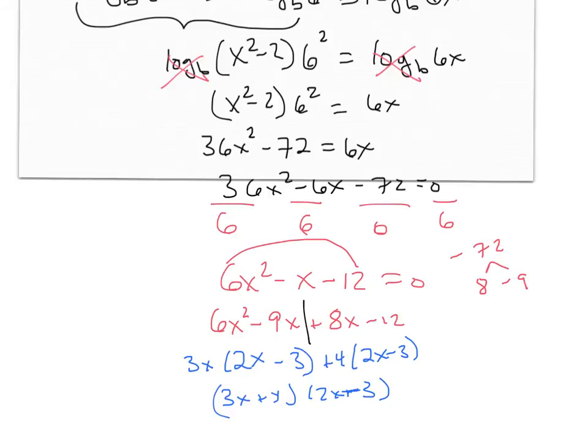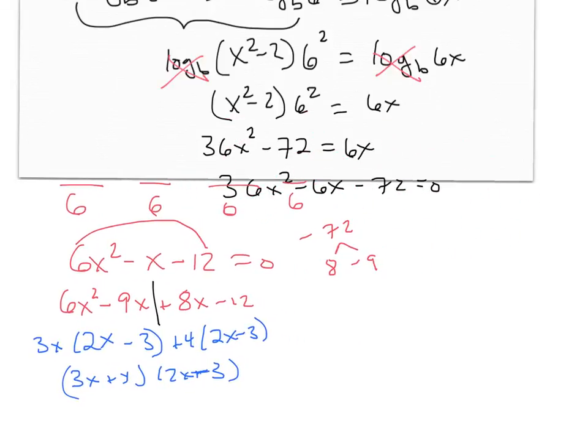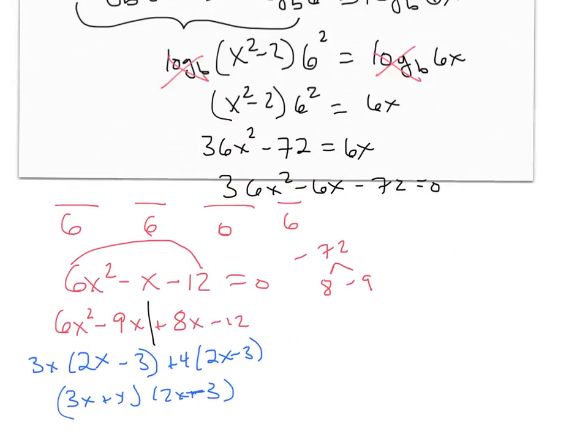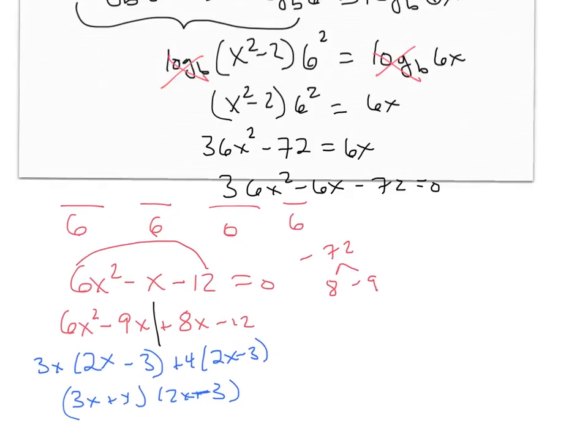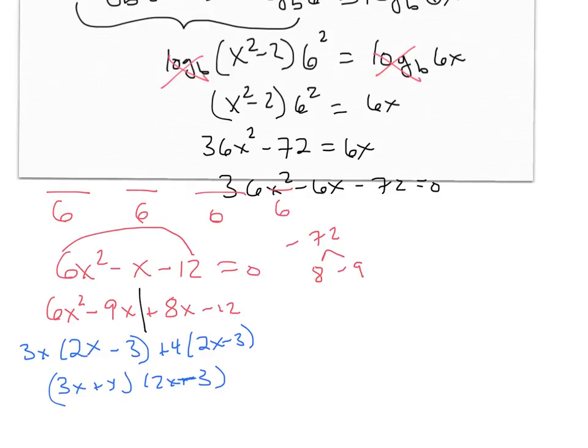I'll move this over so it's out of the way. Okay, and so now I know that my solutions are x is equal to negative 4/3, or x is equal to 3/2.